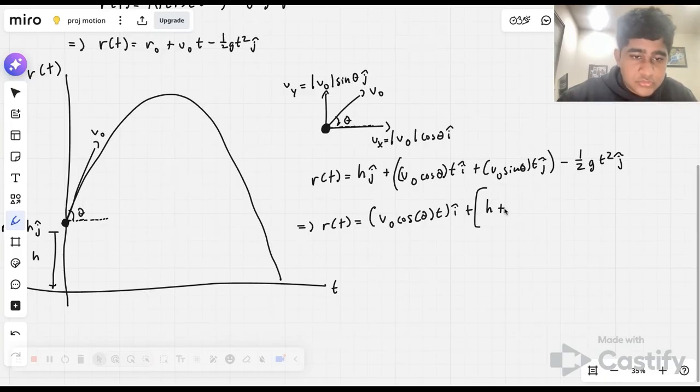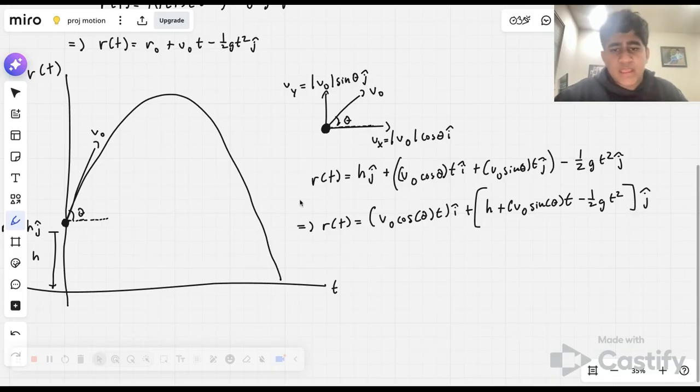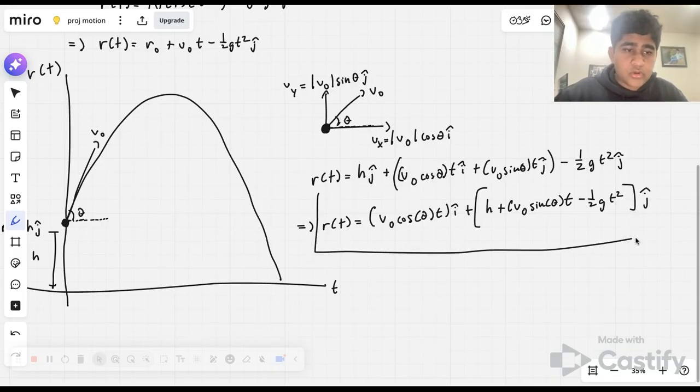So this will be equal to h plus v naught sine theta t minus half g t squared, and we'll give this a j. And this is what we call the standard equation of motion for a projectile.